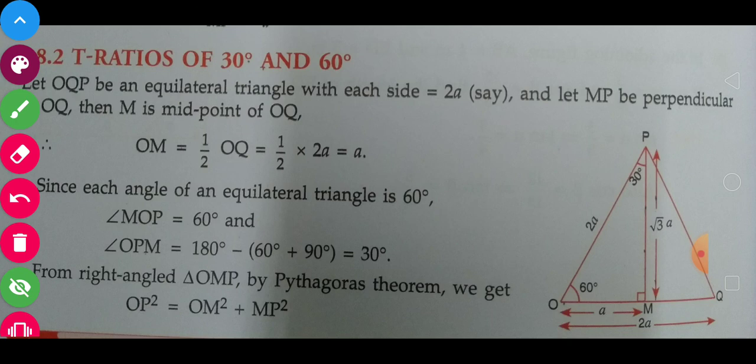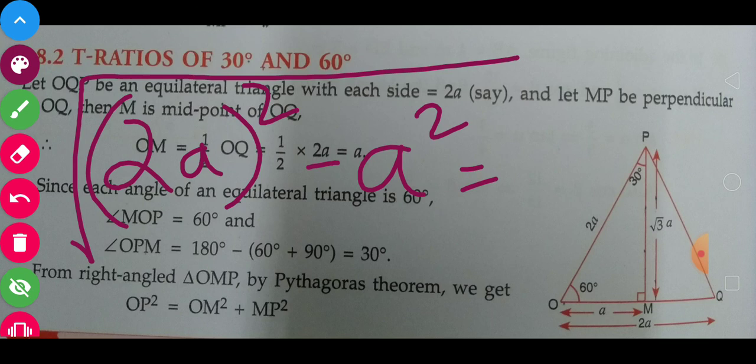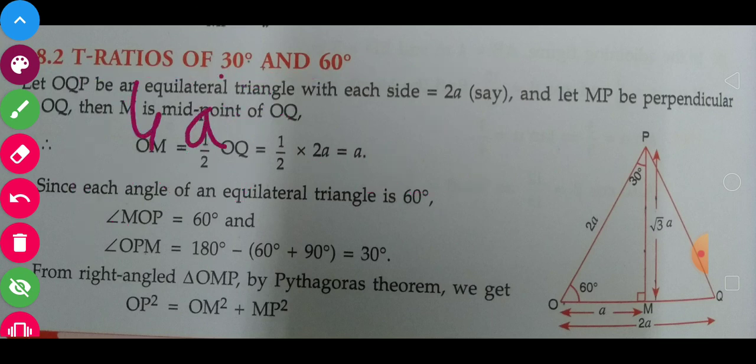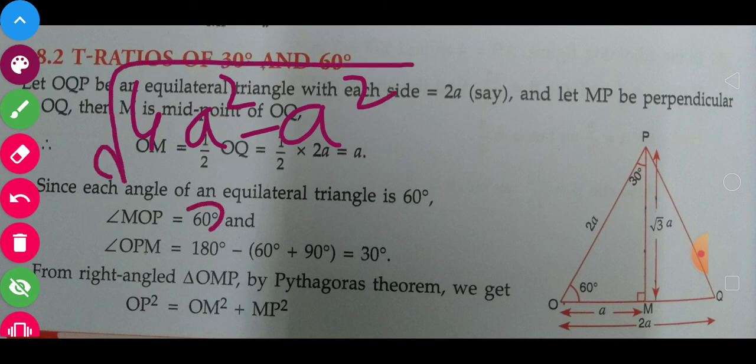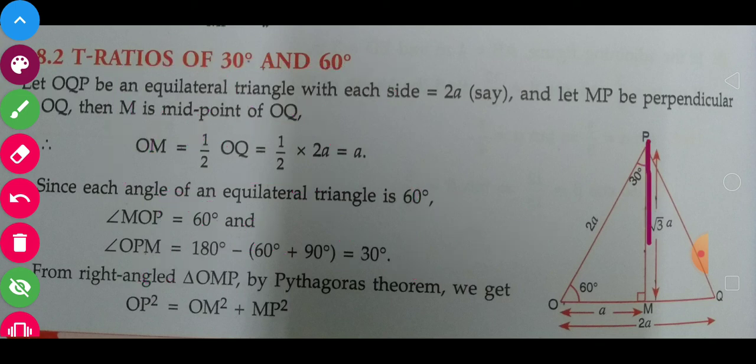So using Pythagoras theorem, you get 2a whole square minus a square, and the square root of this, correct? So that means it is 4a square minus a square and square root of this term. So this is 3a square, square root of 3a square, which would be root 3 a, right? Therefore this side is root 3 a.